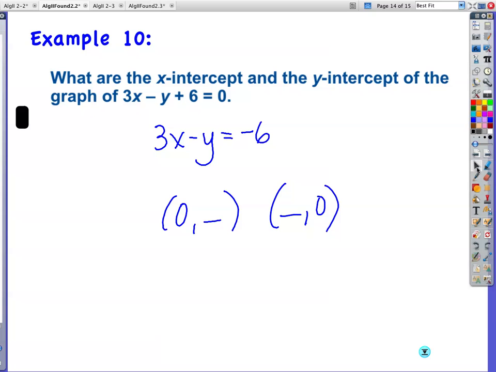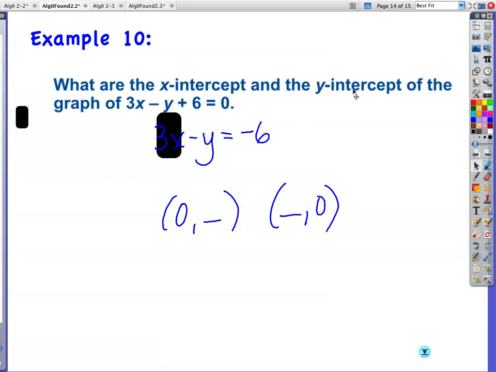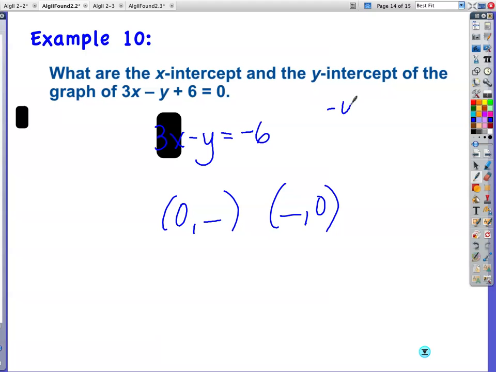I get out my little finger that's going to cover things up. Okay. If I put 0 in for x, then this comes over here. We're pretending that's not there anymore. So now my equation is, oops, negative y equals negative 6. Doesn't that mean y equals 6? That comes right in there.